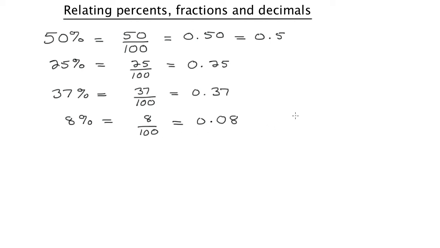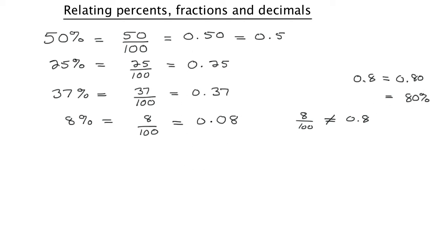In other words, this does not equal this, right? That's 8/10. You should be able to predict what 8/10 is as a percentage. This is the same as 0.80. That's 80 hundredths, which is the same as 80%. So 8%, 80%, not the same.